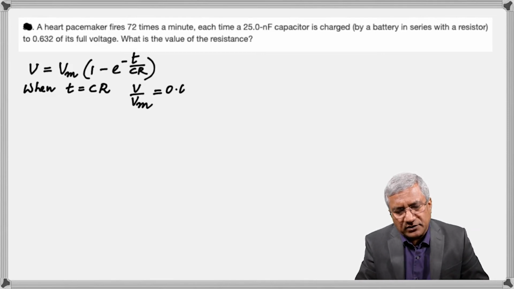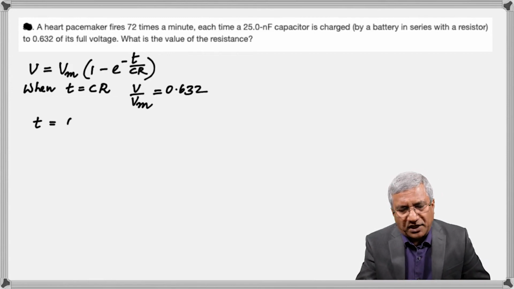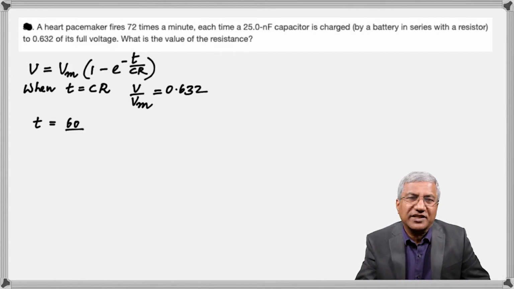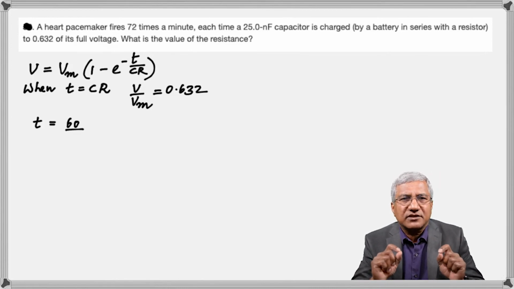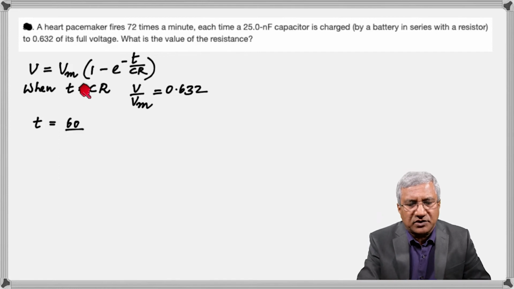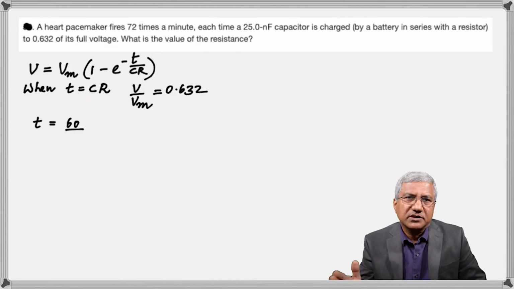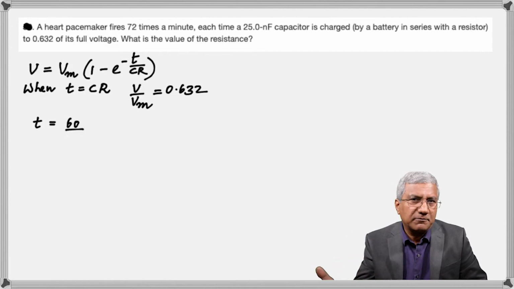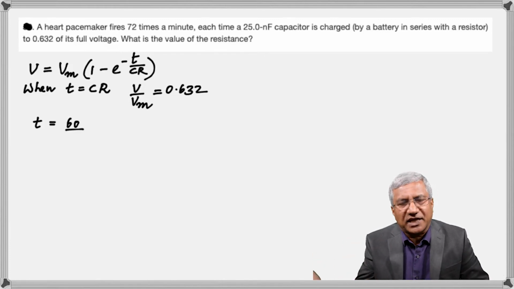Okay, when t is equal to CR is when V by Vm becomes 0.632. That's a very important point. The time constant of a CR circuit is the product of capacitance and resistance, and it is defined as the time taken for the voltage to increase to 0.632 of the maximum.